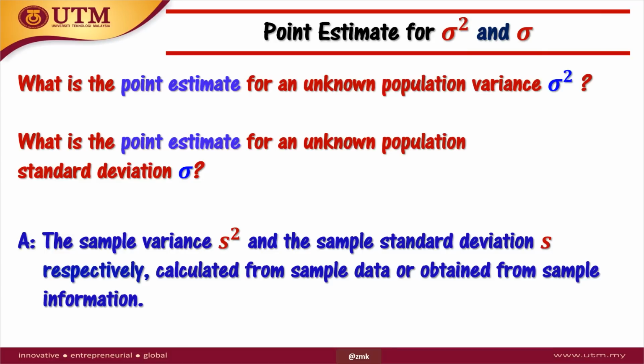You may recall the skill and do practice it again for this topic. However, if you have sample information provided in a question, you should be able to recognize the values of the point estimates directly from the sample information.